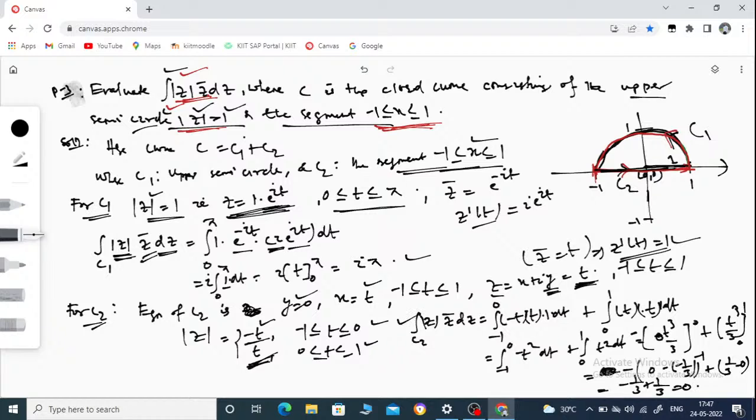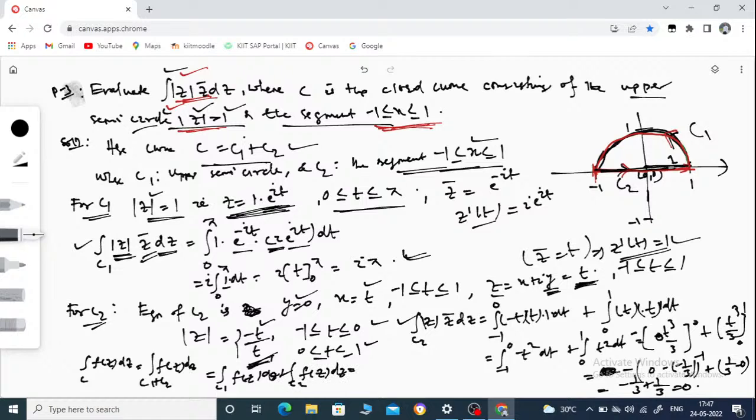So integration over c2 is 0, and integration over c1 is i pi. Since c is c1 plus c2, integration over c of f of z dz is integration over c1 f of z dz plus integration over c2 f of z dz.